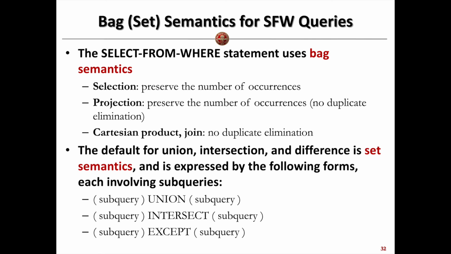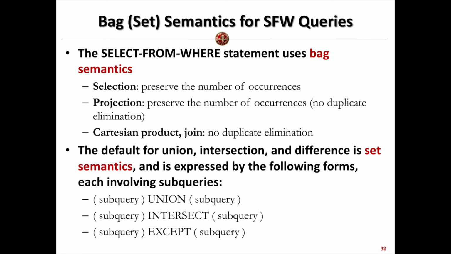So we have two different semantics in queries. SFW denotes the select-from-where statements we wrote before. These two semantics are the bag semantics versus the set semantics of select-from-where queries. The main difference between them lies in duplicate records. Before, the select-from-where statement used bag semantics.